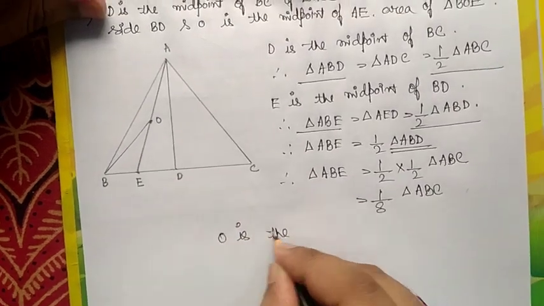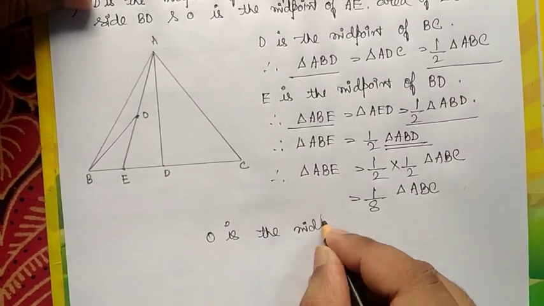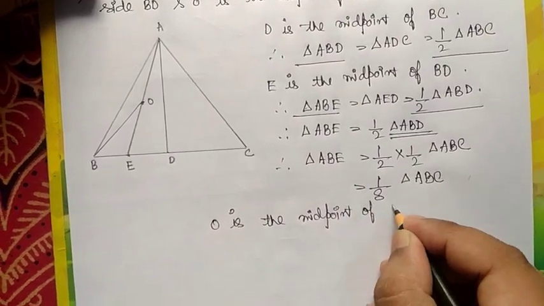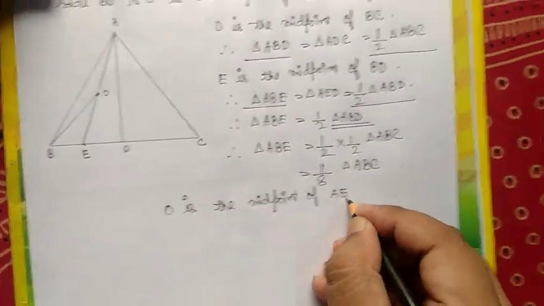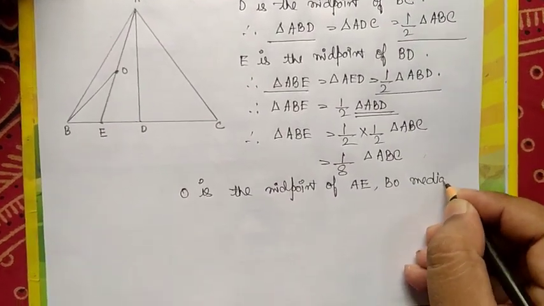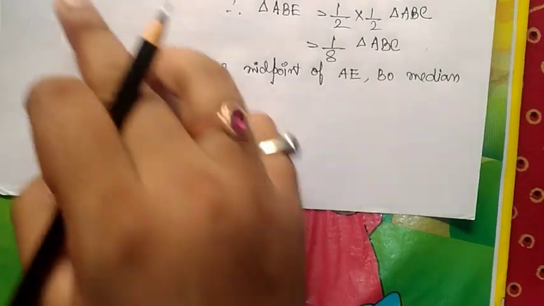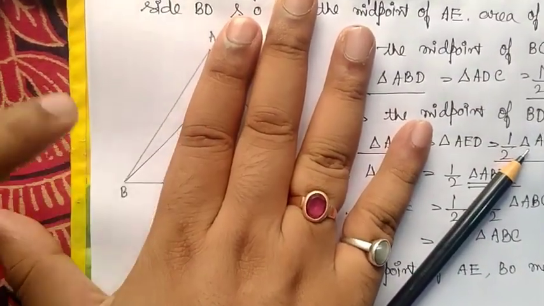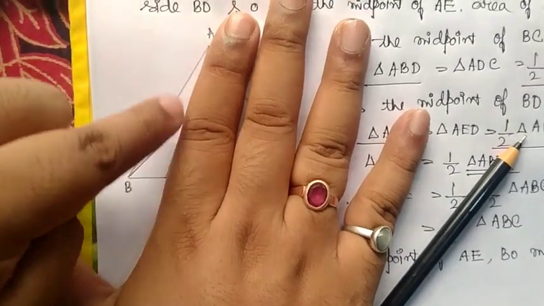Now O is the midpoint of AE. So BO is the median. So if BO is the median, therefore we can say that this BO median cuts this triangle into two equal halves.